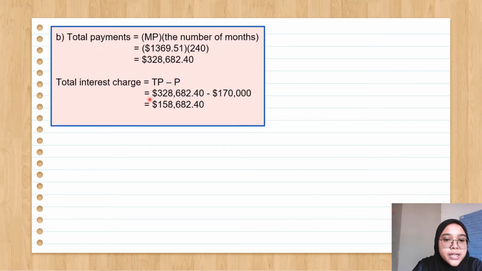Then we find the total interest charge, the total payment minus the principal: $328,682.40 minus $170,000, and we get a total interest charge of $158,682.40.